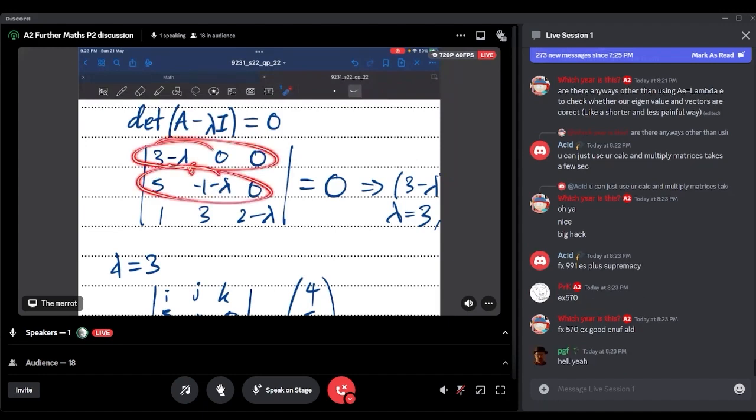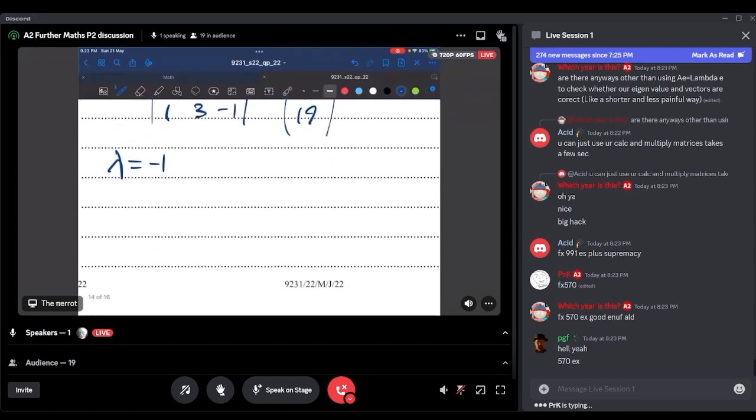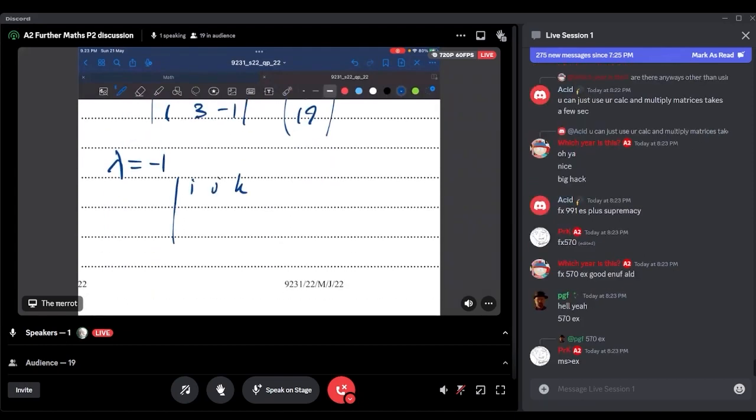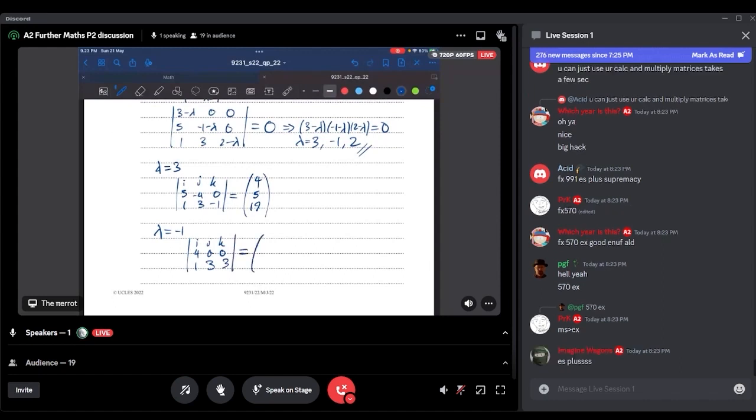So we just take the cross product of this vector with this vector, and this is 2 minus minus 1, so it's 3. Now let's do the cross product again: 4, 0, 0, 1, 3, 3. If you do your cross product, you'll get this as your answer, which is parallel to 0, minus 1, and 1.